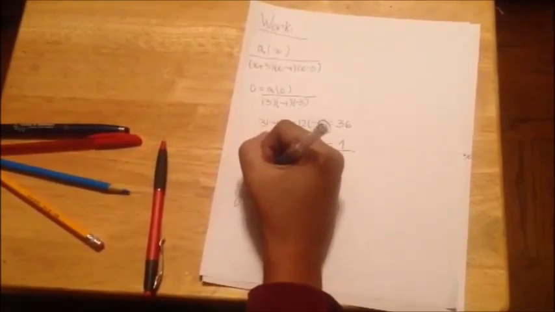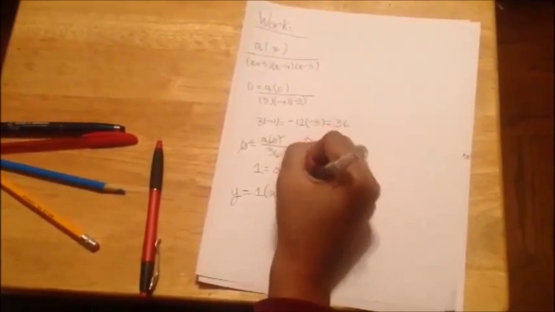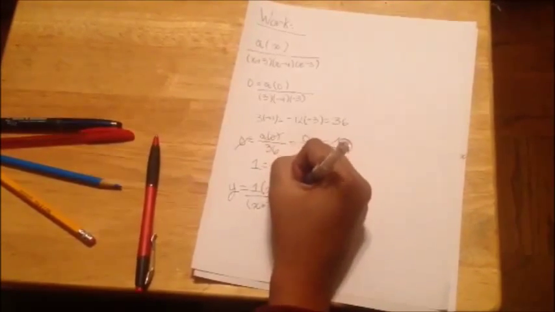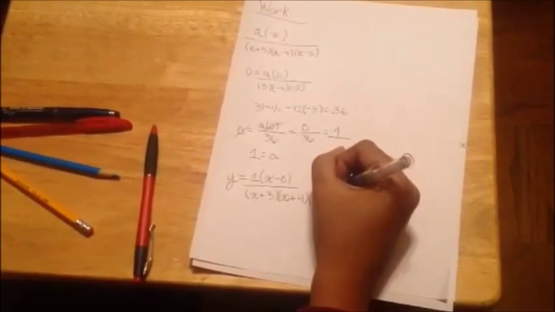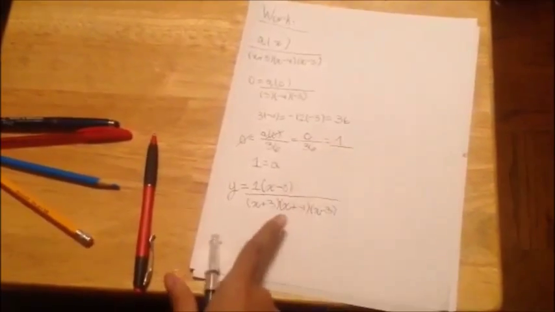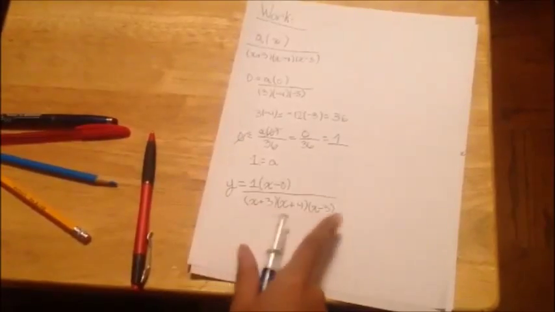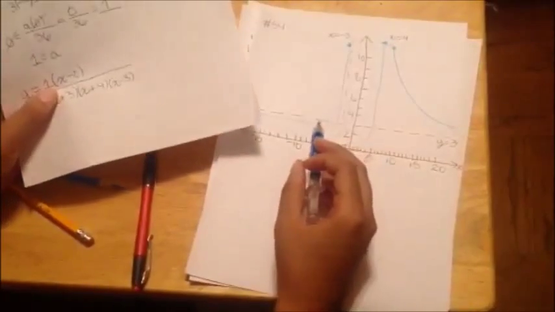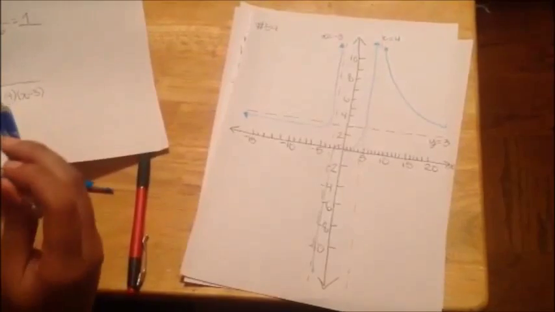So now our equation is going to be 1 times (x minus 0) over (x plus 3)(x plus 4)(x minus 3). The reason why we have three factors in the denominator is, as mentioned up here, we have a horizontal asymptote, and just like vertical asymptotes, they're going to represent our denominators.